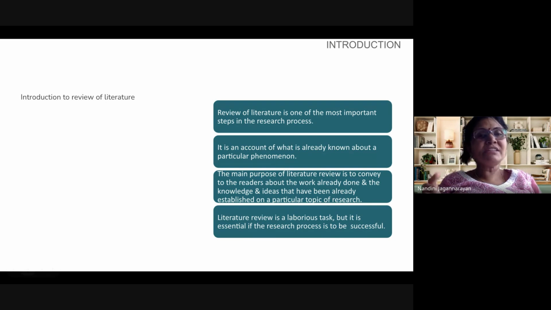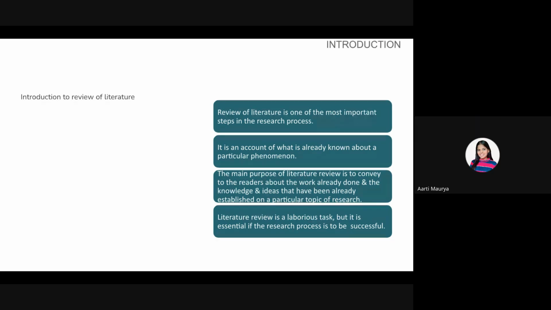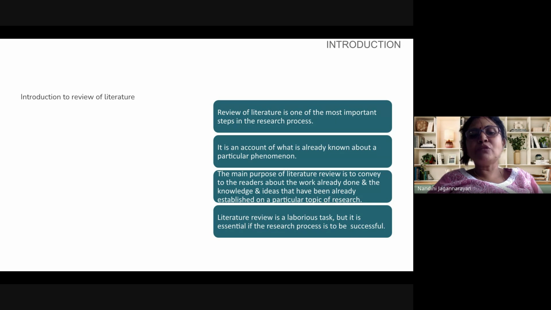Class, are you following this? Yes, ma'am. So this is how you will be able to identify how a research can or cannot fall within the purview of your research that you have chosen.